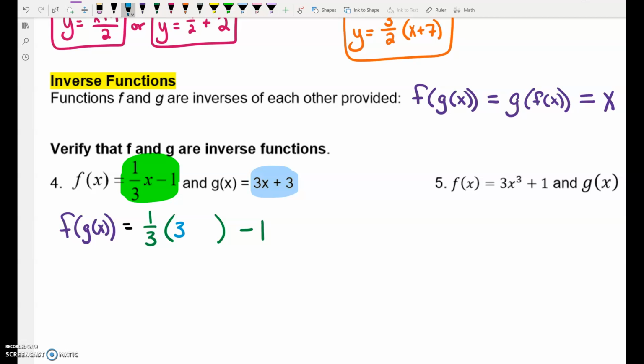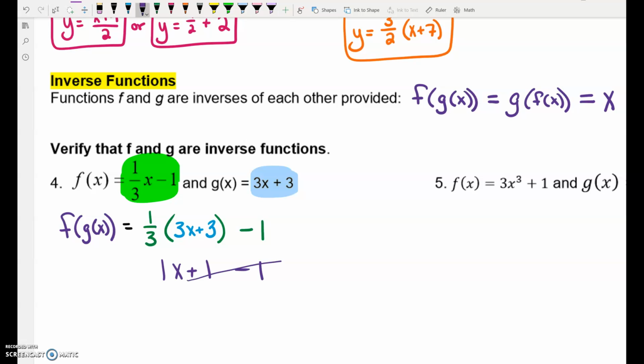That something is 3x plus 3. What is 1/3 times 3? 1. So this is 1x plus 1 minus 1.